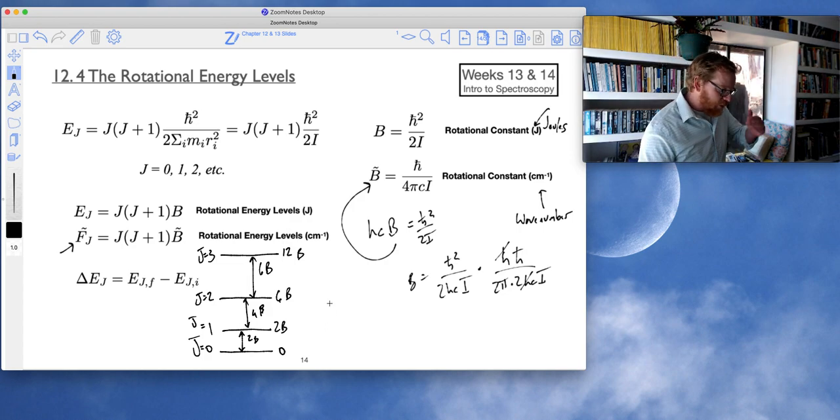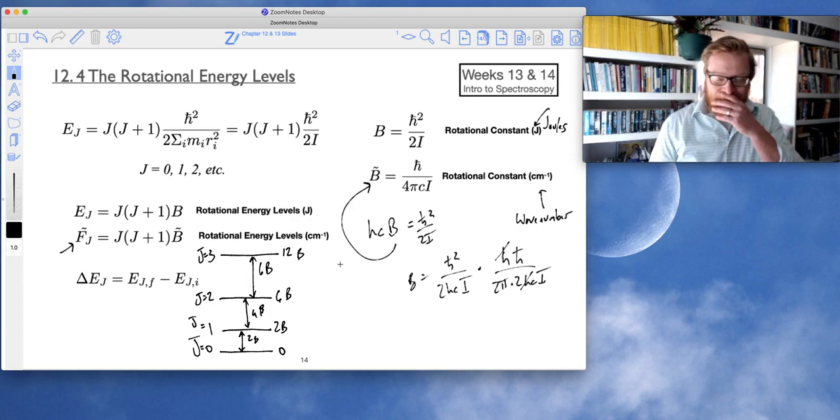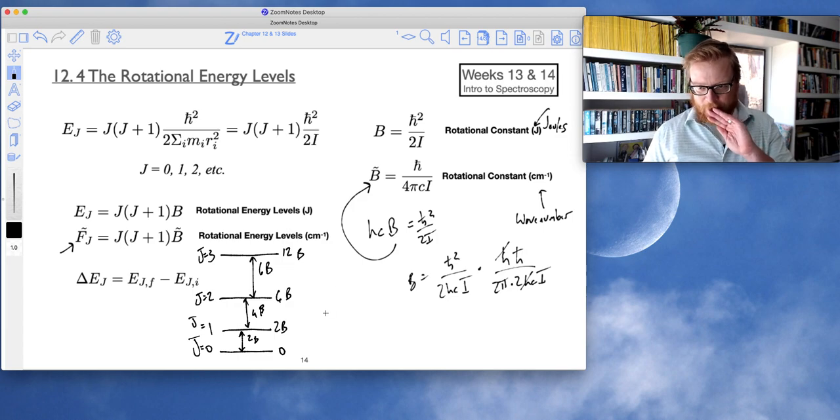Okay, so this is where this gets a little confusing, because you might expect now your rotational level diagram to have increasing energy spacings. But what we have to remember is there's a population of states of rotational levels, right?